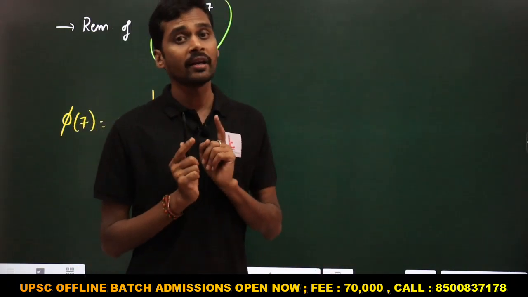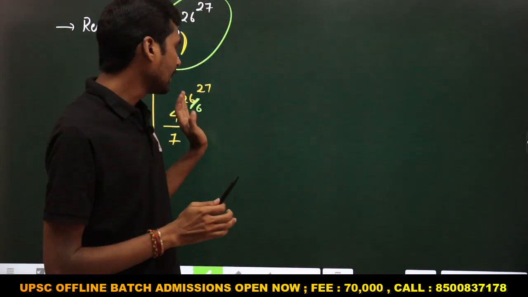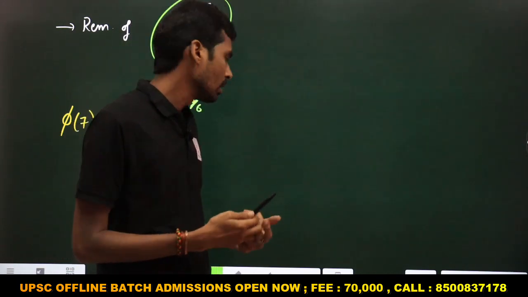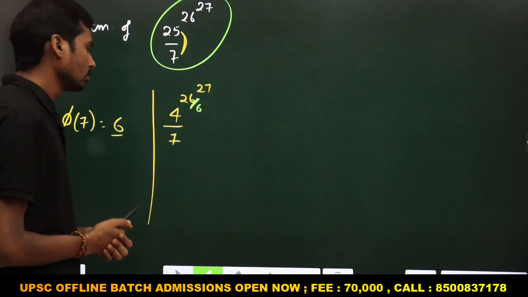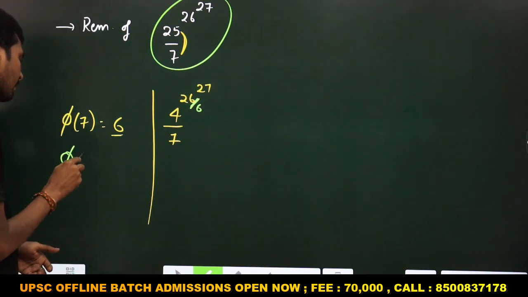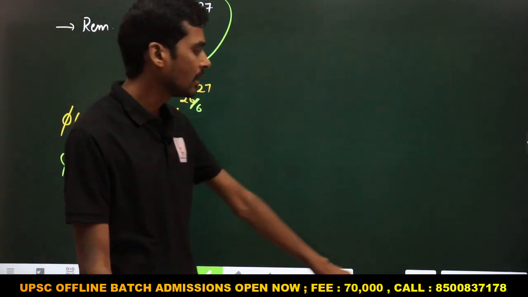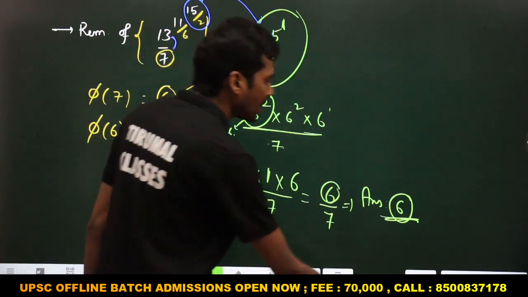Only if you get the remainder 1, then we can directly take the power, because any number to the power of 1 is that number only. But here I am not getting that, so I had to go for the pi of 6. I had to take this number and again find out the Totient. The pi of 6 value is 2.